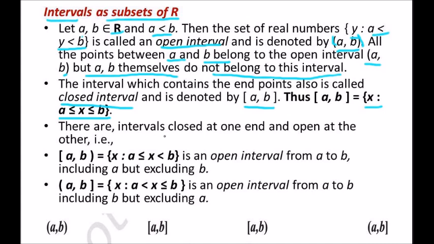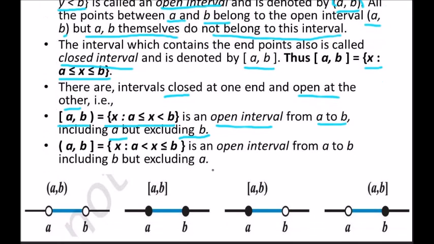There are intervals closed at one end and open at the other end. That is, the set of all x such that a less than or equal to x less than b. In this case, it is an interval from a to b including a but excluding b.